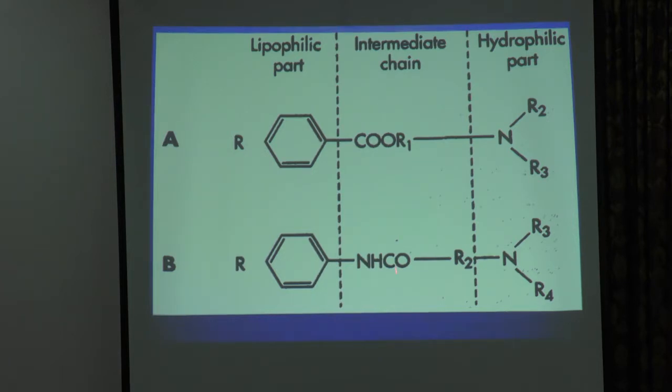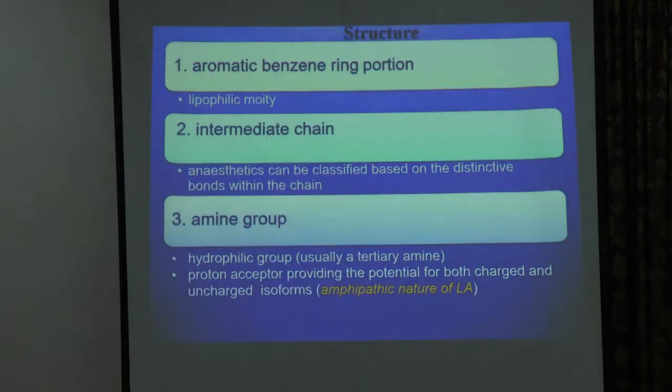That's the intermediate chain, and then that's the amine group side. Usually it's the aromatic portion that affords these local anesthetics their lipophilic ability, and then the amine side affords them their hydrophilic properties.